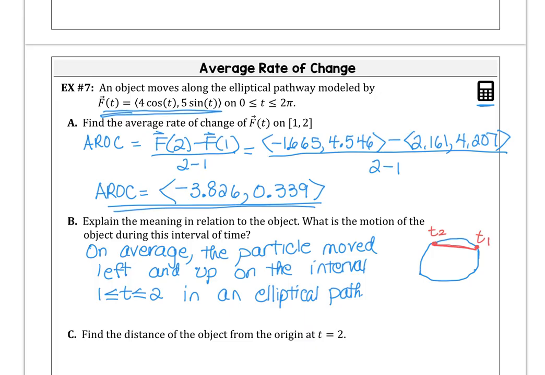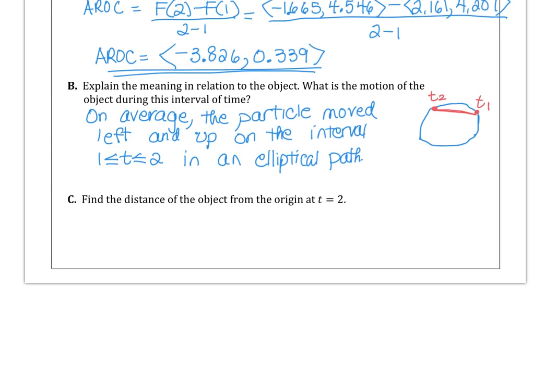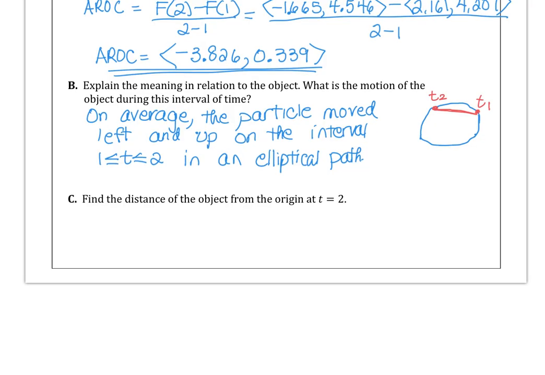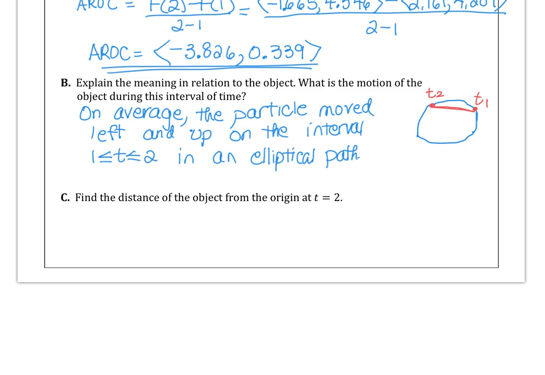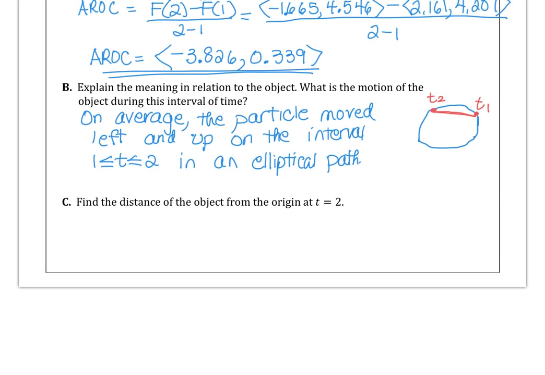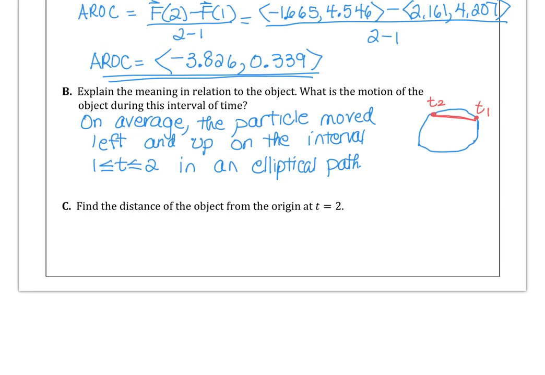And for our last little exercise here, we want to find the distance of the object from the origin at t equals 2. Well, we know the value at t equals 2 from up above. So t equals 2. The f of 2 was the vector negative 1.665, 4.546.